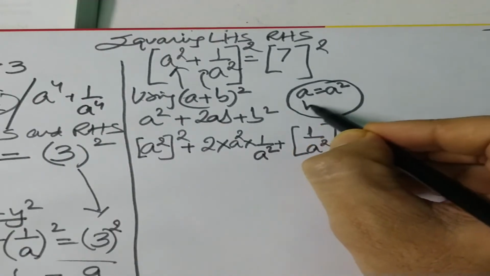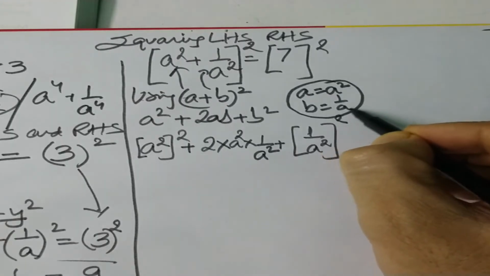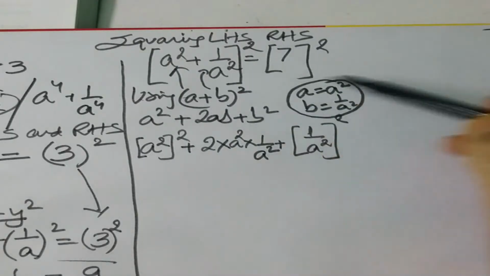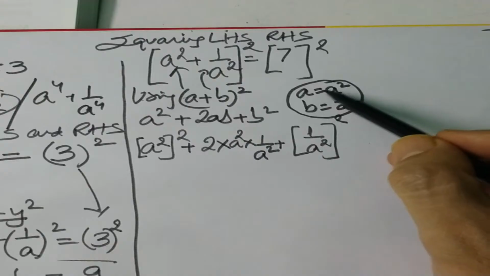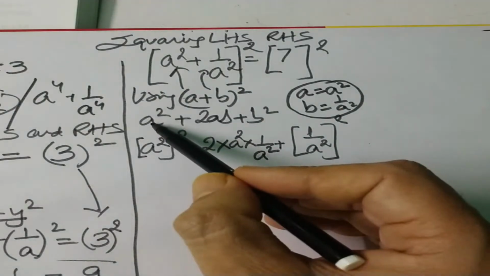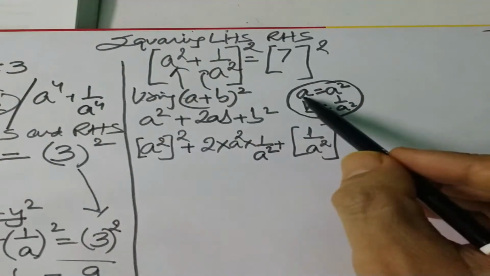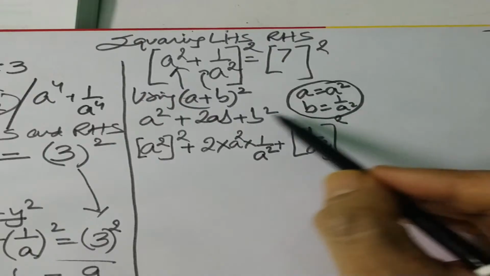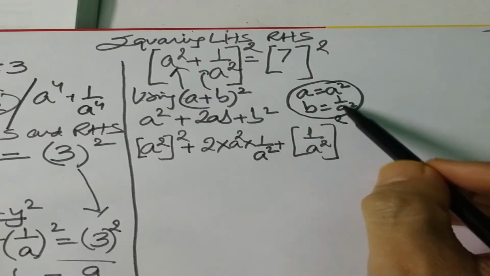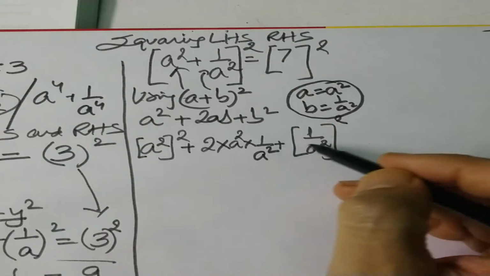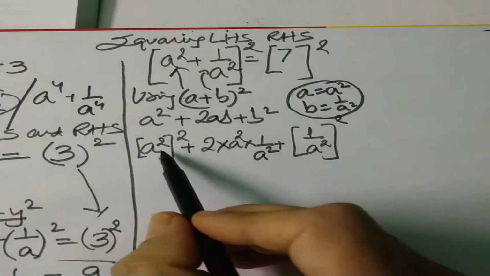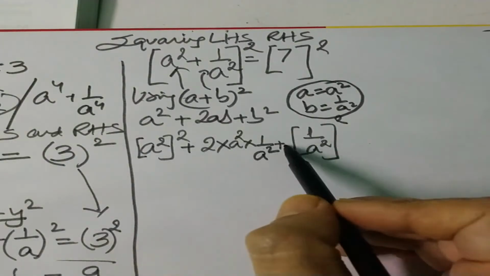The value of b is 1/a². So this value I am writing here. Wherever there is b, I have to write 1/a² and do its square. So this is 2ab plus b².